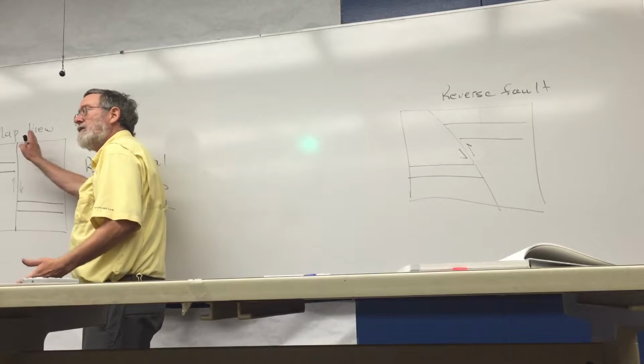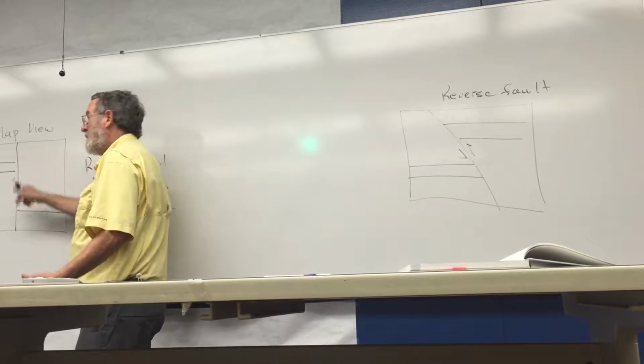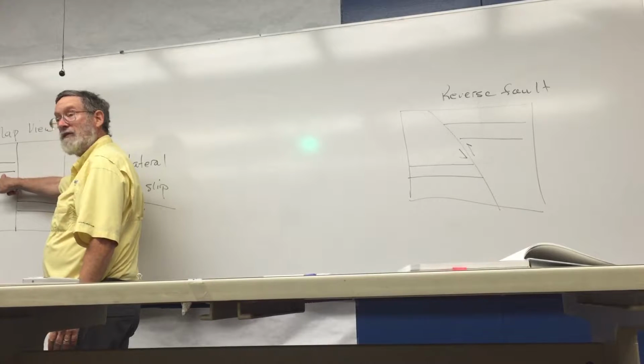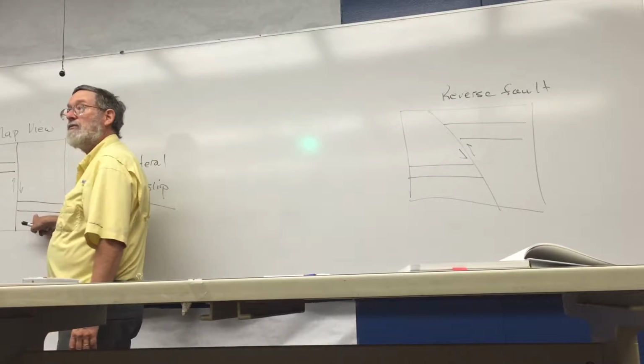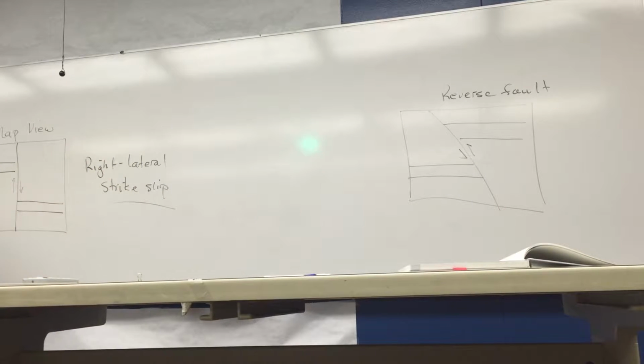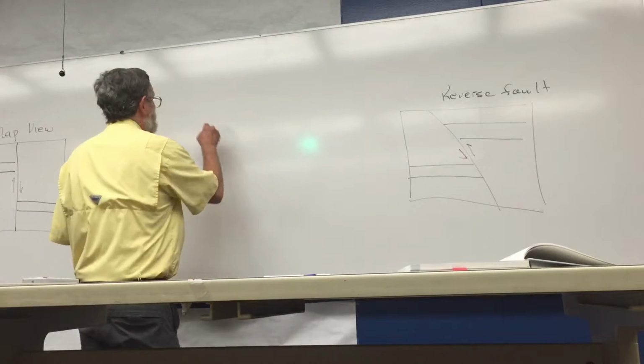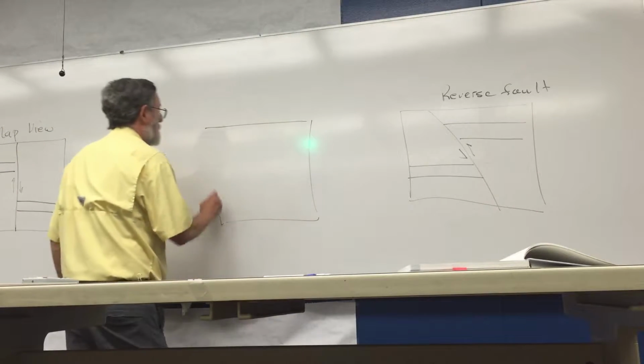You have to turn to the right because grandma's house has been shifted to the right relative to where you were before. So you go there, you eat 2-3 dozen chocolate chip cookies, 3 dozen, no, and then you come home. And what do you have to do? You have to turn to the right again to find that connection. So this is a right lateral strike slip fault.